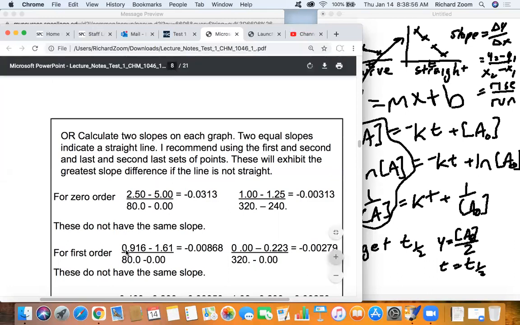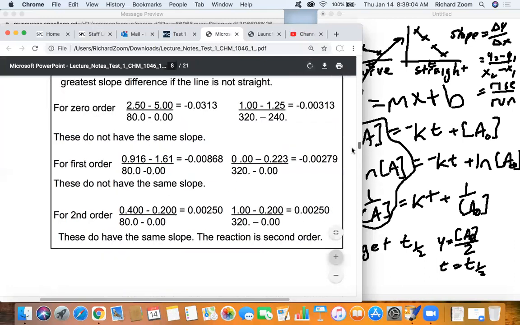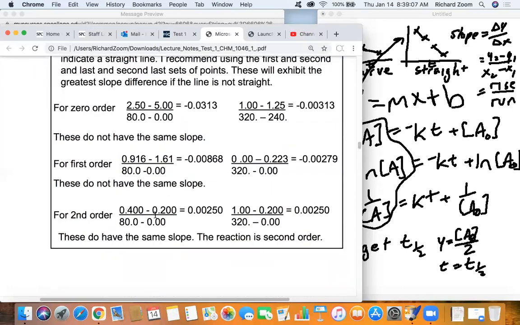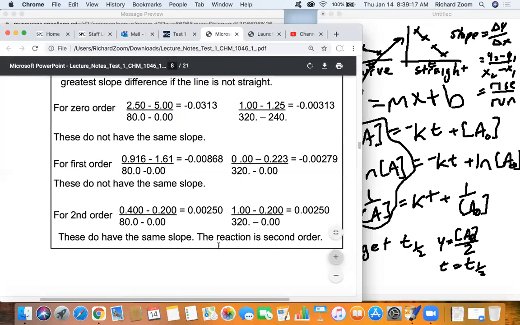So we look at the first order and we do exactly the same thing. You'll notice again, we come out with two different slopes. And then for the second order, look what happens. We do the same thing again. We're using, again, the first 2 points, the first two 1 over a values, and then the last two 1 over a values. And that would be the same slope, 0.00250 for both.